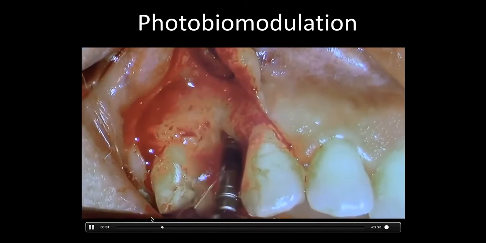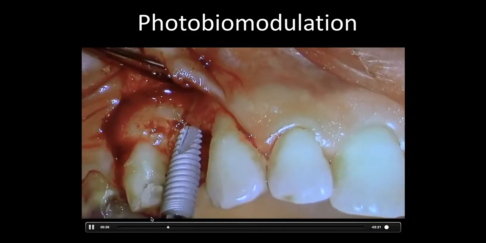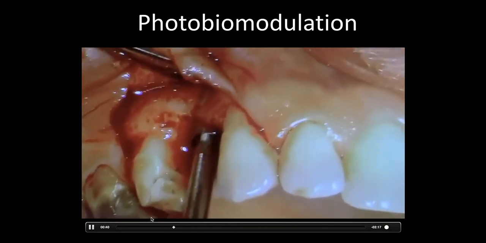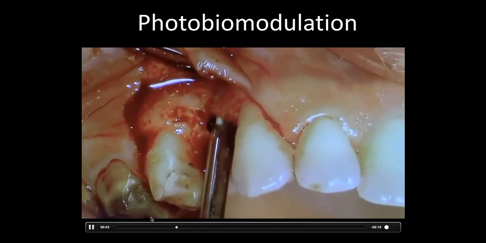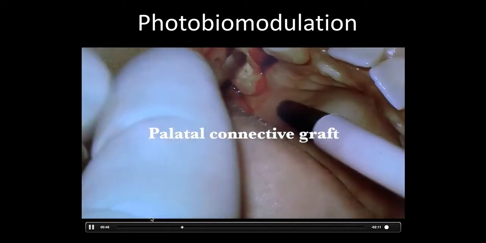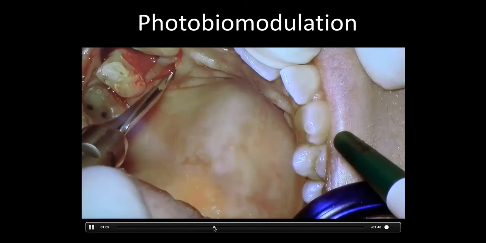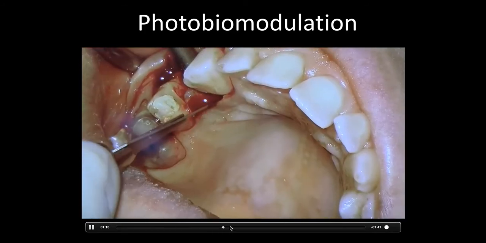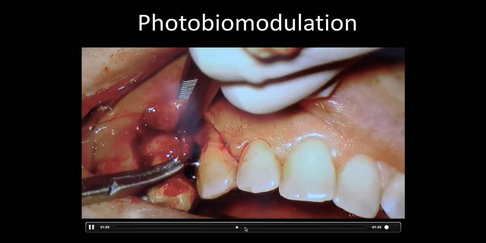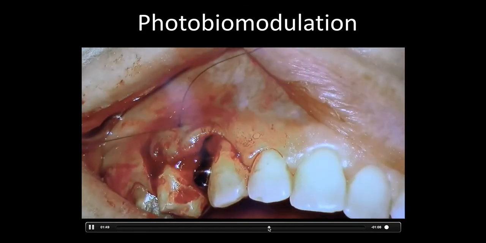It will be much better. In this case, we insert the implant. We can work inside the alveolar preparation with biomodulation. We take some palatal graft, connective tissue. Let's go on. We will put the graft on the buccal part, and we will put some material.